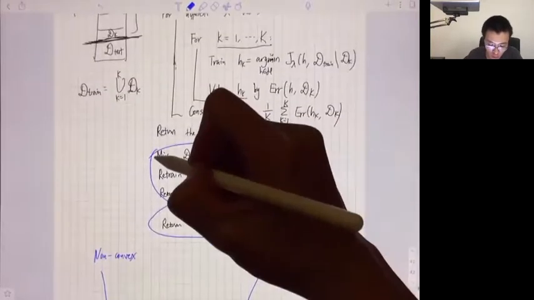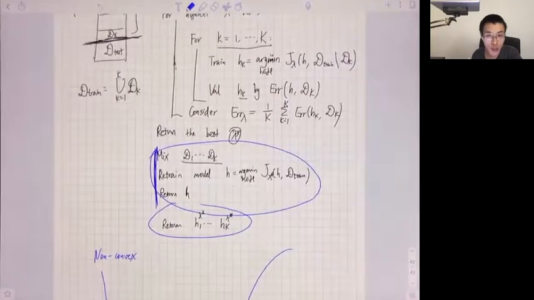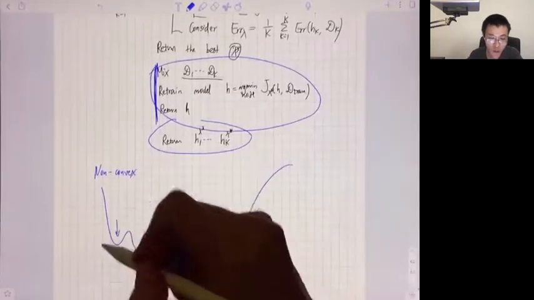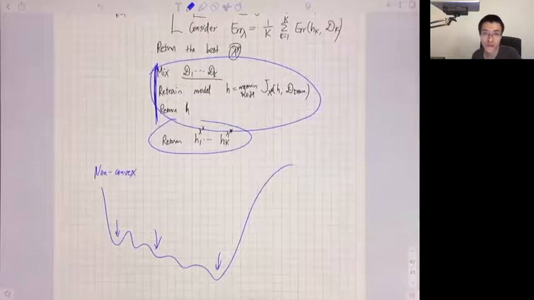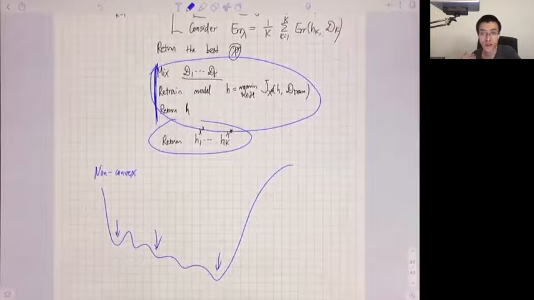So maybe when you remix all the data and you try it again, you are very unlucky, you get here. You're not so good, right? So for a non-convex problem, you cannot make sure that your hypothesis is the best, even if you have picked the best lambda, okay? It depends on your initialization. But for convex optimization, it doesn't matter too much. It's guaranteed that the more data you have, the less error you'll make on unseen data.